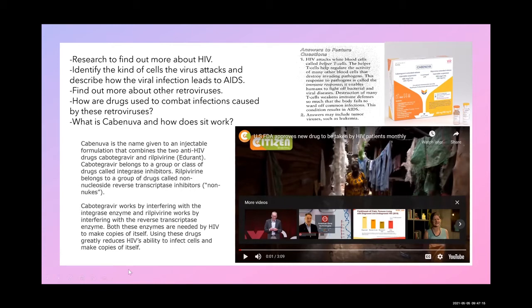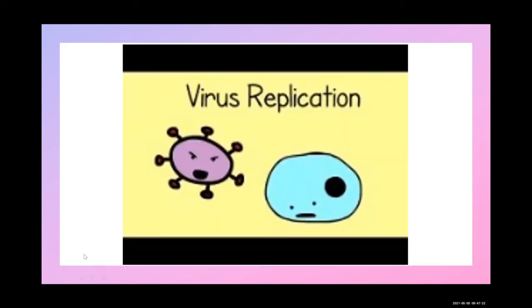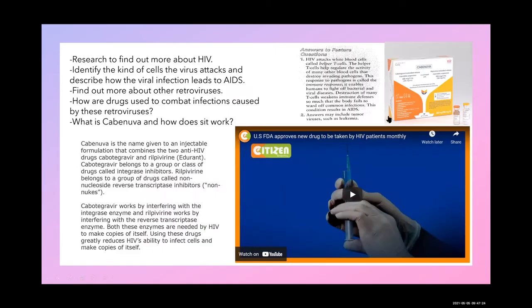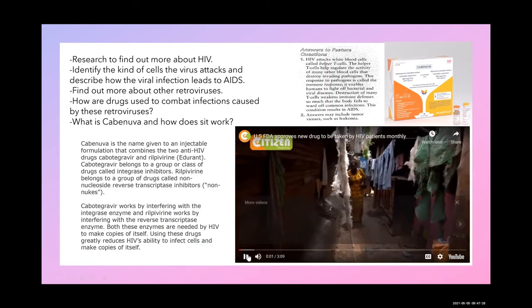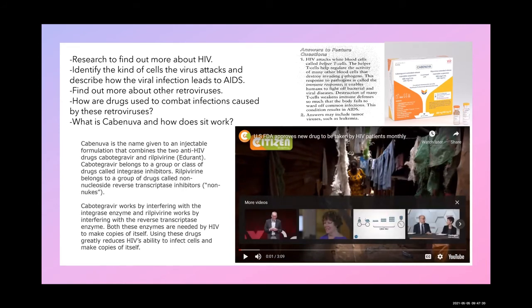So this basically covers what the video just saw, and HIV attacks white blood cells called helper T cells. Helper T cells help regulate activity of many other blood cells that destroy invading pathogens.